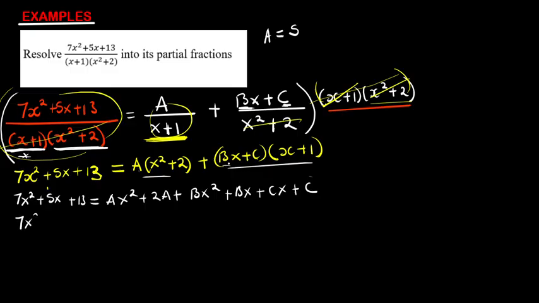Then 7x squared plus 5x plus 13 equal to ax squared plus bx squared plus bx plus cx, then plus 2a plus c.